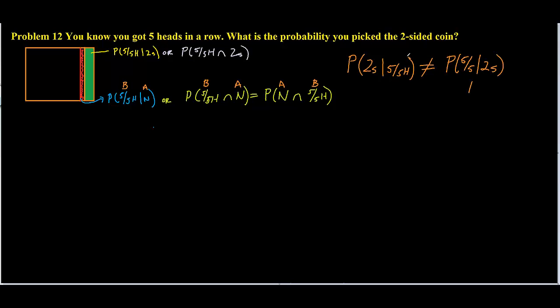We observe certain facts. We observe that we got 5 out of 5 heads. We want to know the probability of our hypothesis, which is, did we pick the two-sided coin? So the probability of the hypothesis given that we observed certain facts, certain evidence, is not the same as the probability that we observed certain facts given a hypothesis.